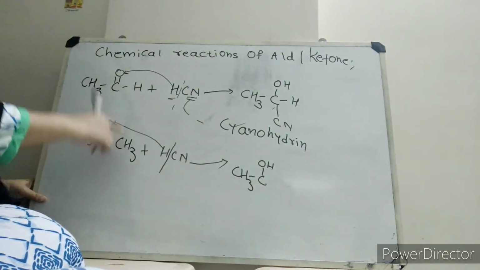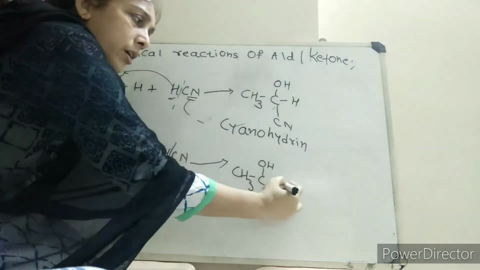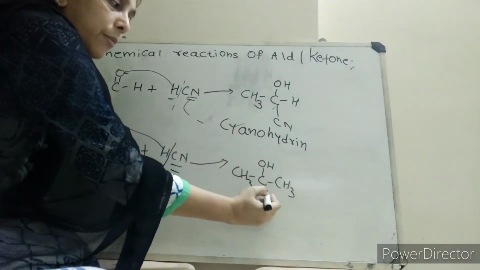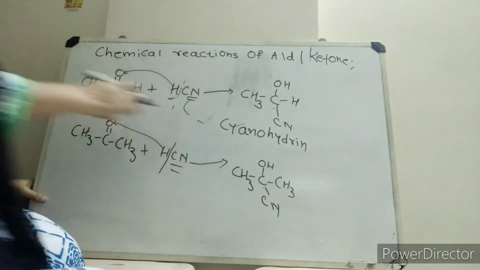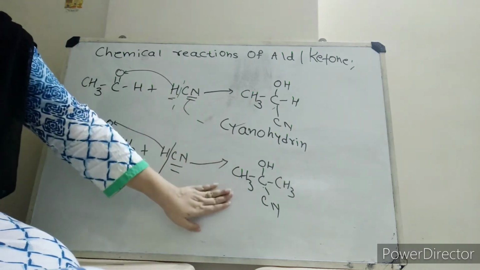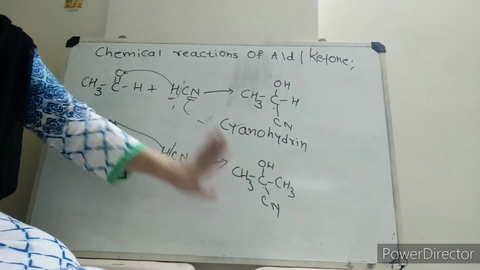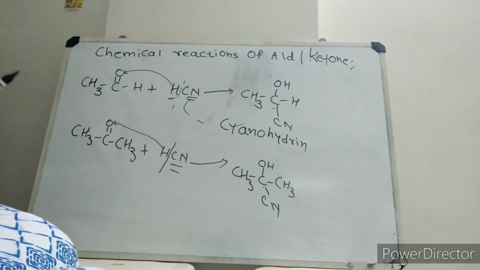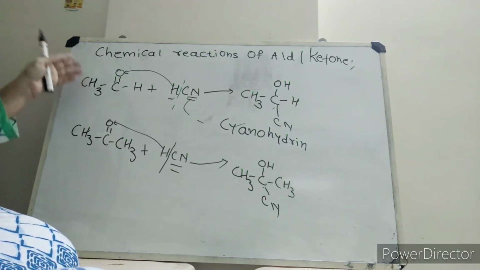This CH3 position also will remain same, and cyanide is attached to the fourth valency of the carbon. This compound is from the acetone, so it is known as acetone cyanohydrine. This is about the first reaction, that is with the HCN.